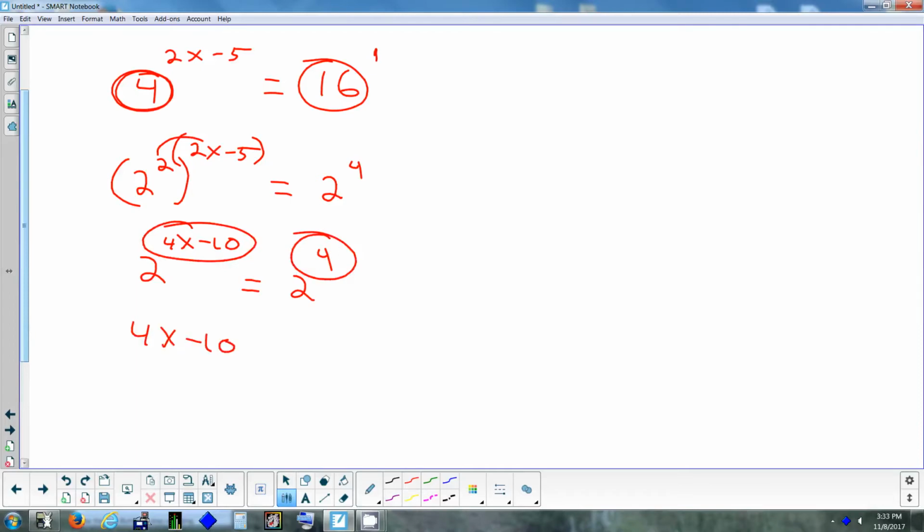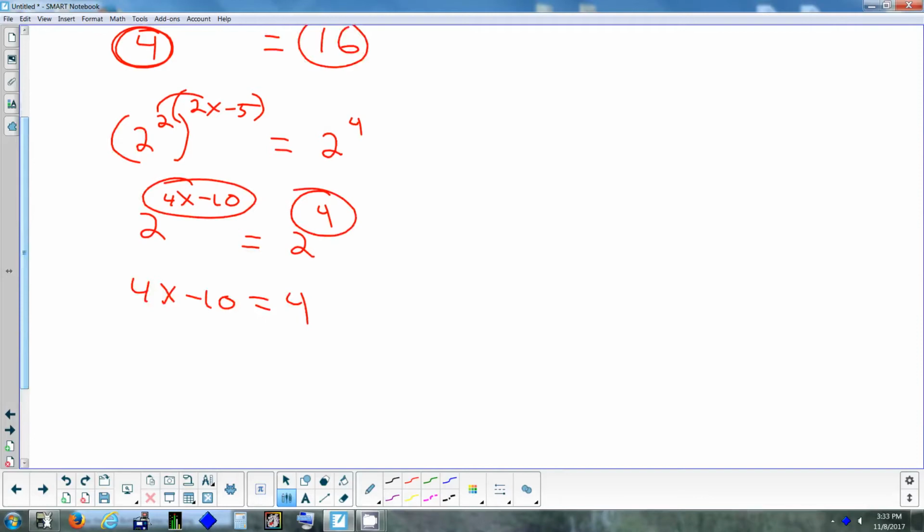And if I solve it, I get 4x, subtract 10 from each side, negative 6. So what does x come out to here?